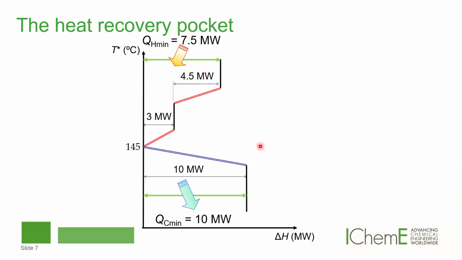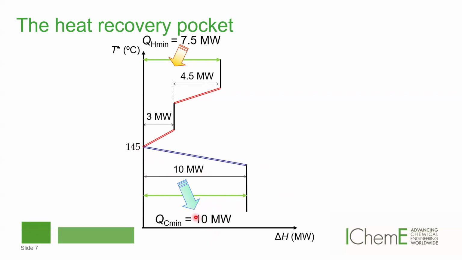On the other hand, for the region below the pinch, which is below 145 degrees Celsius, it means that the hot pinch is 150 and the cold pinch is 140. And the middle of that is 145. Remember that we shifted the temperatures. We also remove the pocket, and then there's a blue segment here. This blue segment, the horizontal distance is 10 megawatts of energy. So we need to remove that 10 megawatts of energy by using cooling utilities.